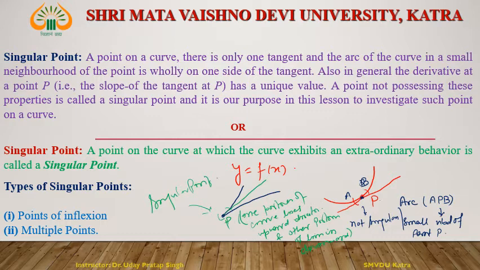Then what is the definition? A point P on the curve at which the curve exhibits an extraordinary behavior is called a singular point. It is of two types: point of inflection and multiple point.